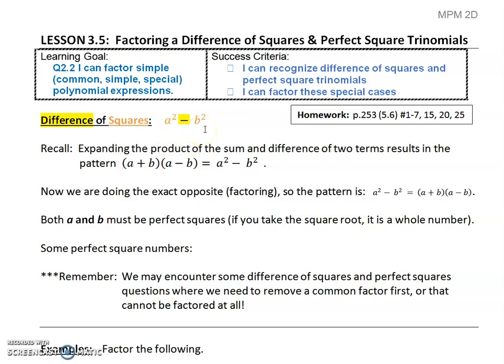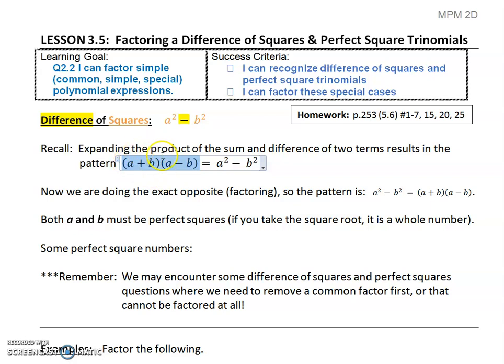Now, we had seen this before in a previous lesson where we learned about three special products. One of the three special products had two brackets that looked identical, except for the fact that there was one plus and one minus.